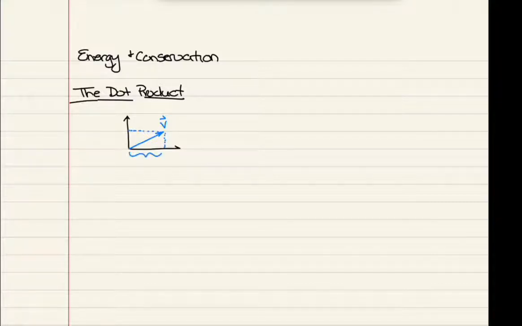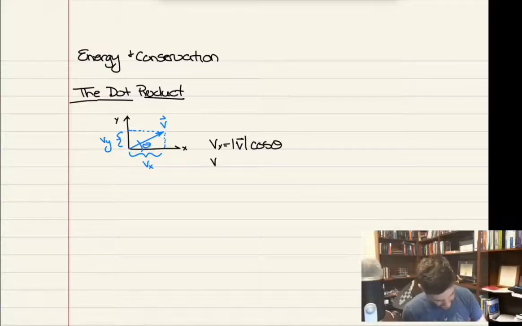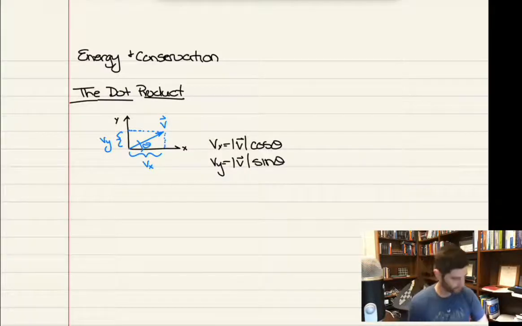I can say that there is a component Vx in the x direction, and there's a component Vy. If I know what this angle is, I know, for example, that Vx is the magnitude of V times cosine of theta in this case. Vy is the magnitude of V times sine of theta.